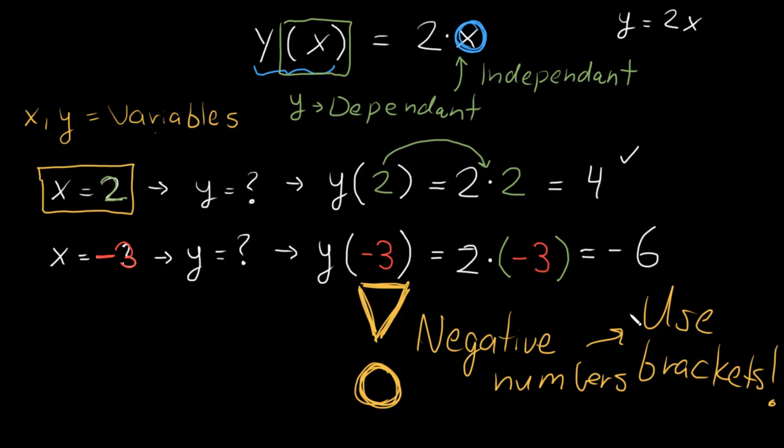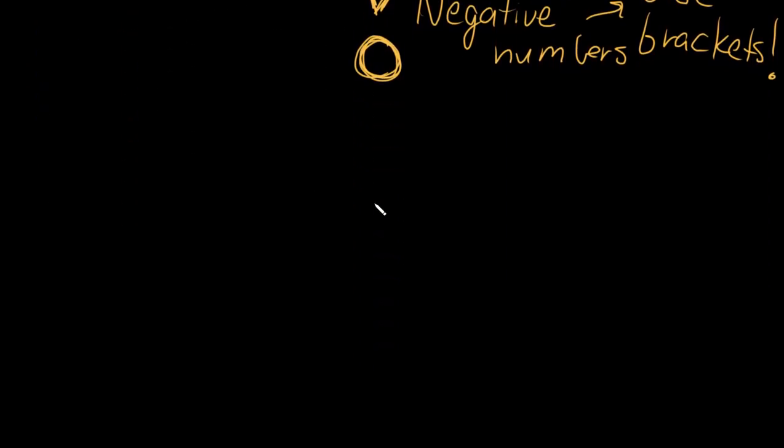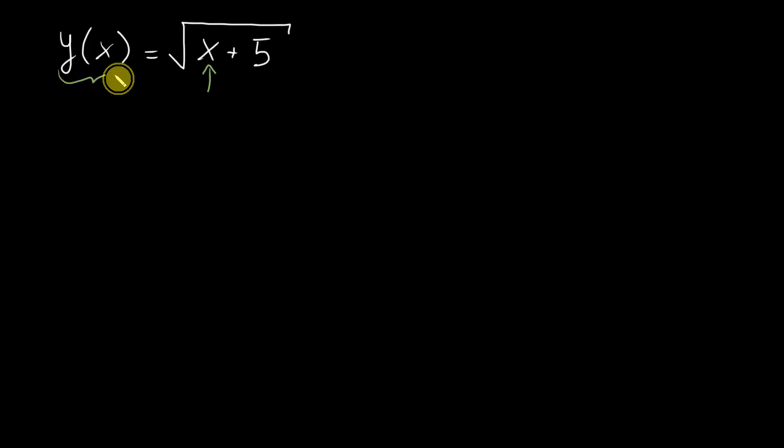Now, most of the time, these functions are not exactly that simple. So we'll write down a couple of slightly more complex functions. Let's start with the square root. Say we have the square root of x plus 5. All I'm saying is that you give me a number for x, and we will plug it in and see what the result is. Again, our independent variable is right here, and our dependent variable is y.